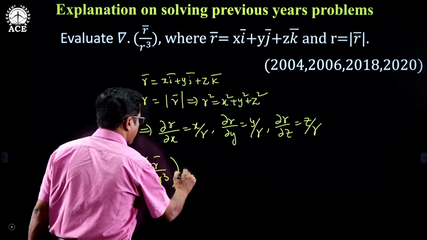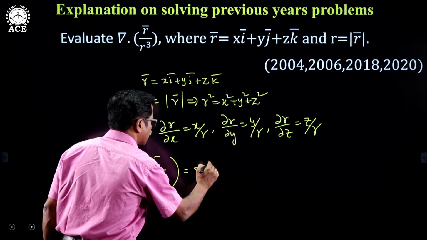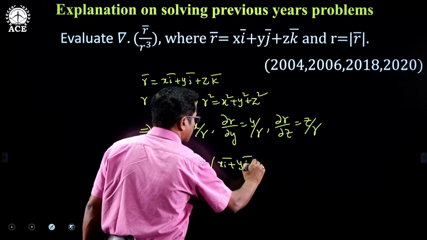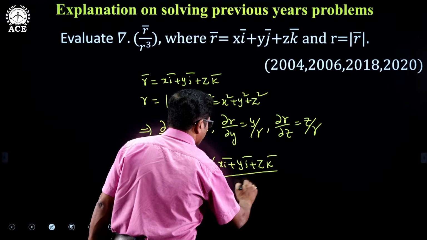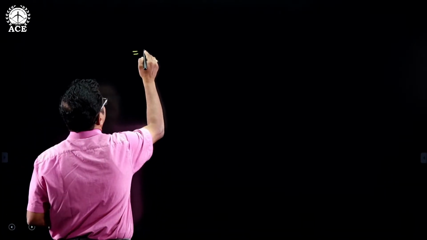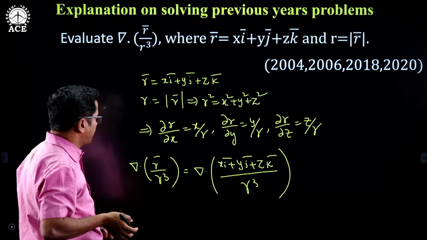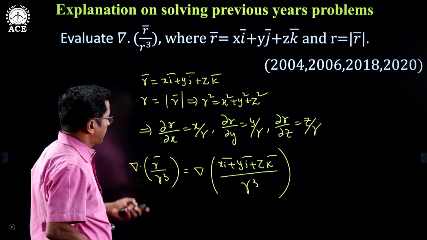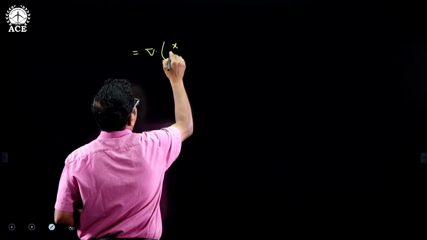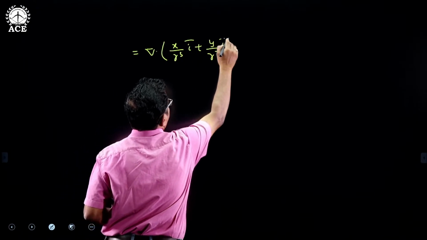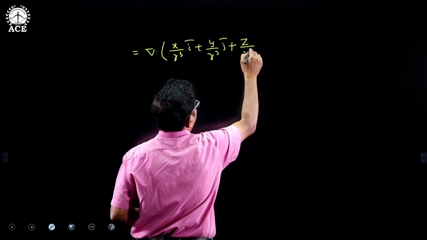Which is equals to del dot xi bar plus yj bar plus zk bar by r cube, which is equals to del dot x by r cube into i bar, y by r cube into j bar, z by r cube into k bar.